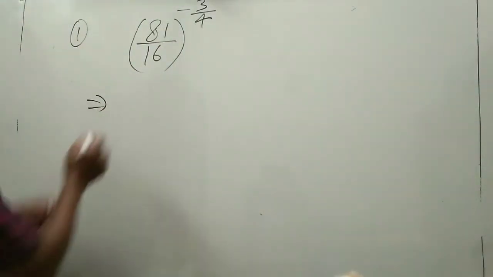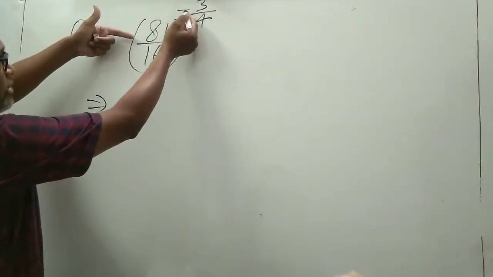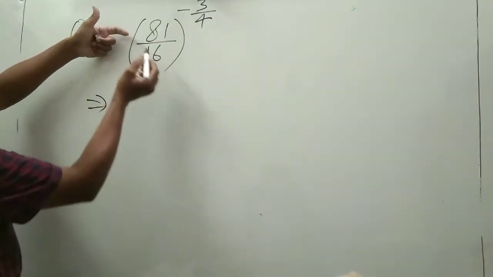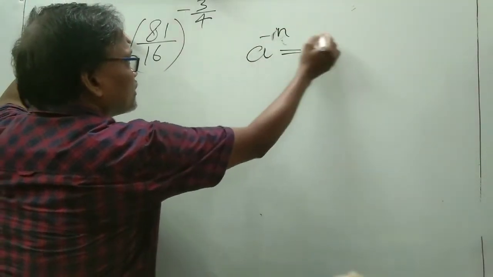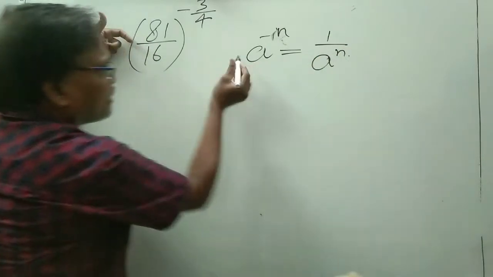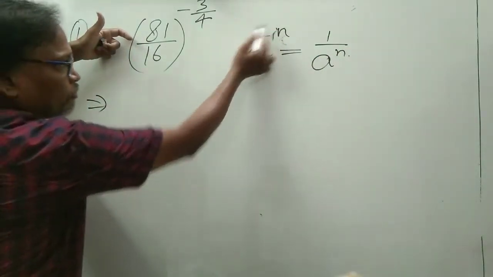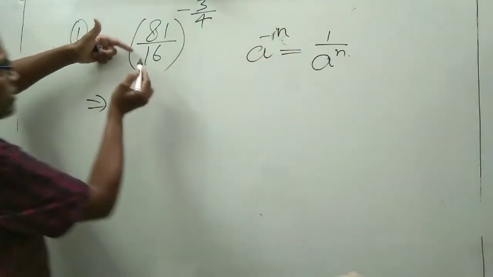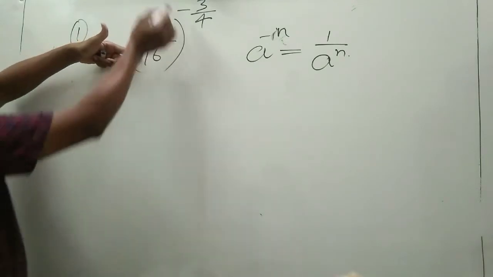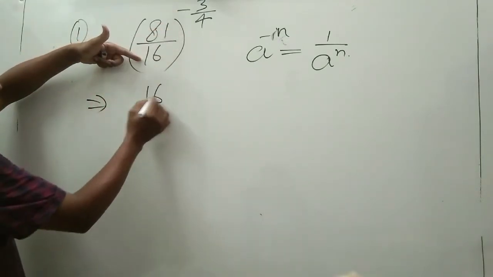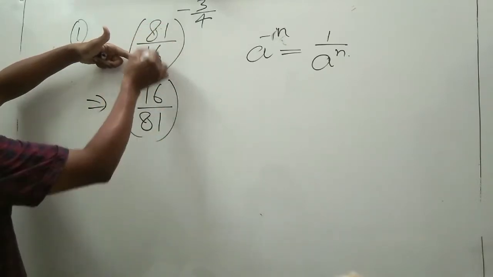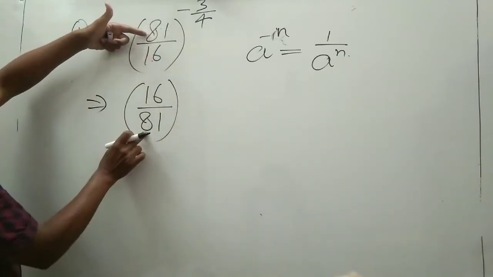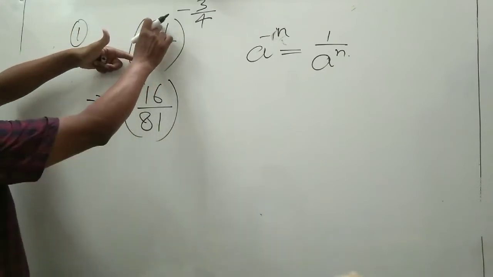For this, when this minus sign changes into the positive sign, you apply a to the power minus n is equal to 1 upon a to the power n. मतलब ये जो base है, that numerator will go into the denominator. It means if the denominator is there, it will go into the numerator. So 16 upon 81, you will take the reciprocal of these two. 81 will go into the denominator, 16 will go into the numerator.